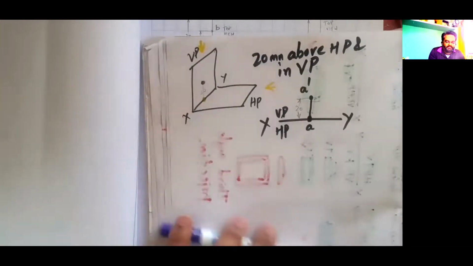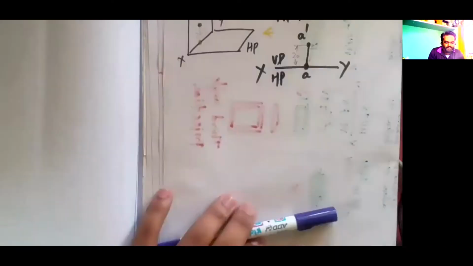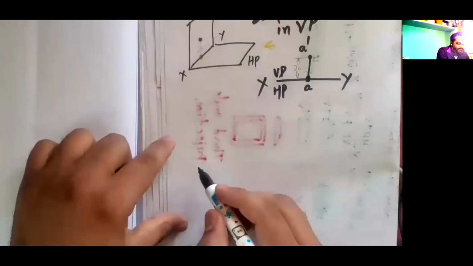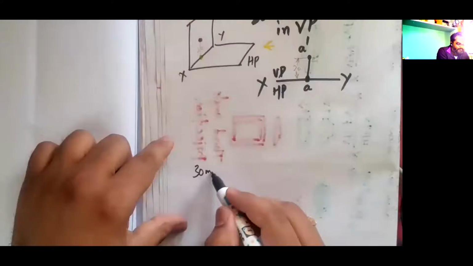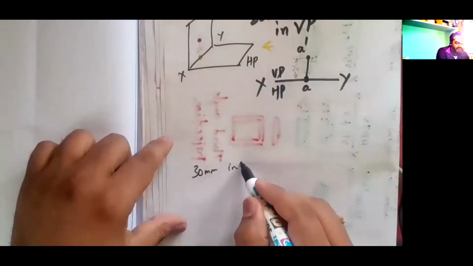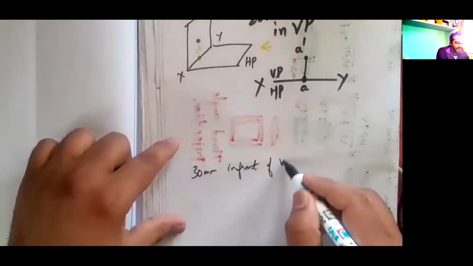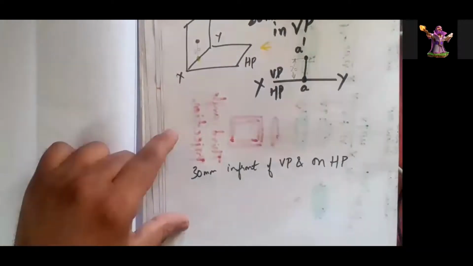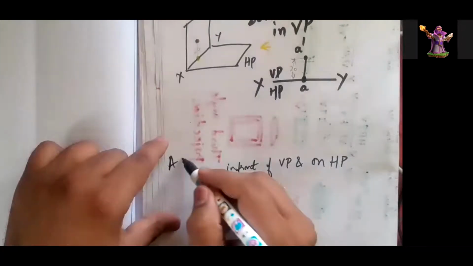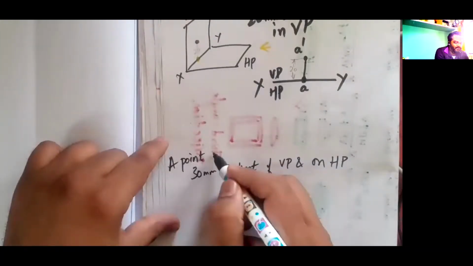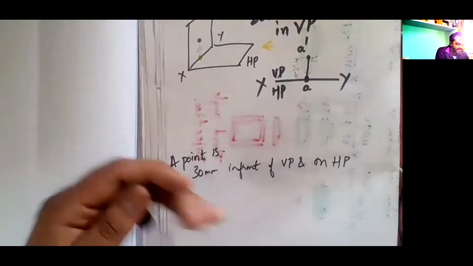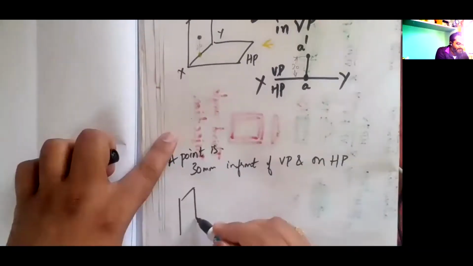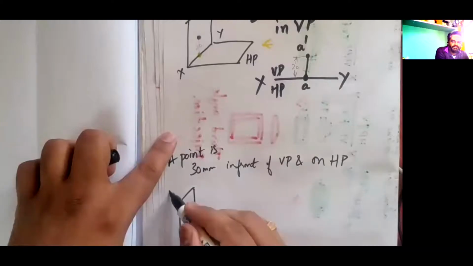Same way, if a point is 30 mm in front of VP and on HP, imagine a three-dimensional plane like this in first quadrant, VP and HP, somewhat like this.